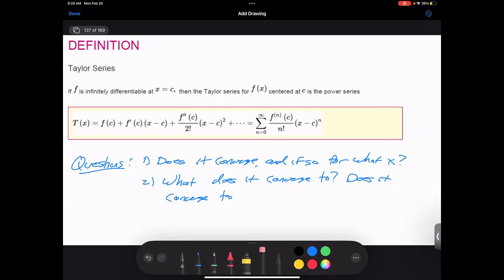We have something that's changing for different values of x potentially. We start off with a function f. We calculate its value at c, its derivative at c, its second derivative at c, its third derivative at c. We keep calculating all of these derivatives, and we bundle them together, and we make this new infinite function. What would you like this function to converge to?